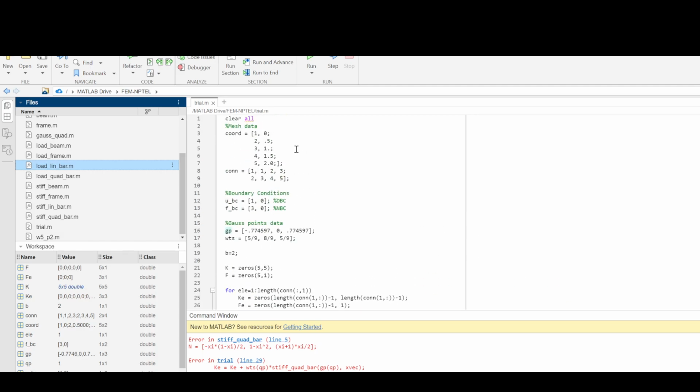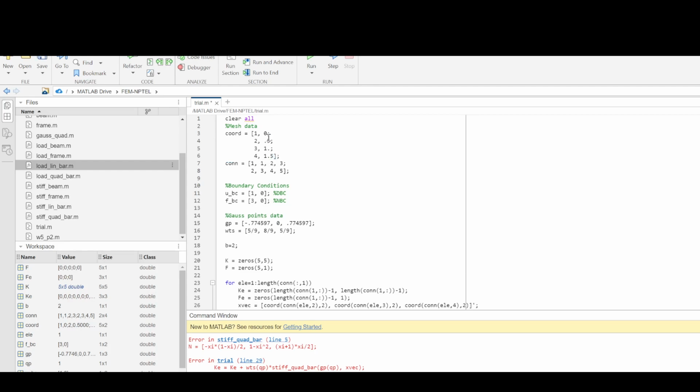So let me enter the coordinate data. We have 4 nodes in total. We have node 1 at... okay, I haven't mentioned it in the problem, so let me just do that.